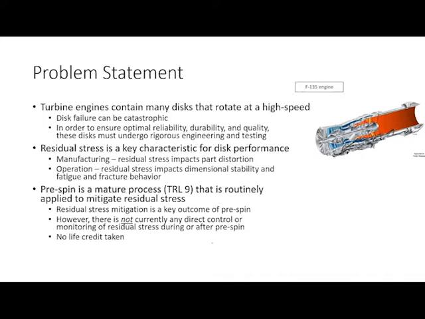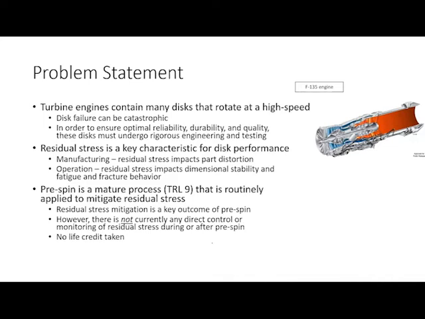This is just kind of a problem statement around pre-spinning. Disc failures are catastrophic. Residual stress is a key characteristic of disc performance. If anyone's ever modeled a disc, you quickly get that out. And then, of course, as it's operating and spinning, you expose it. And as I said earlier, pre-spinning is mature.